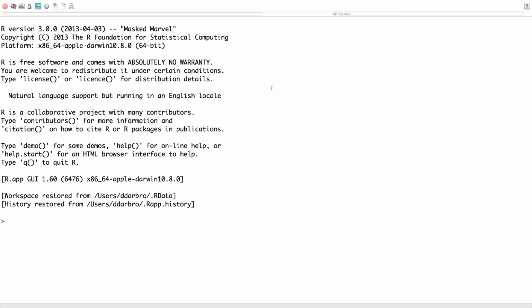So, guys, as you should know by now, we need to set our working directory. I want Users, D, Darborough, Desktop, and I want to go get my data, so I'll do that with read CSV.